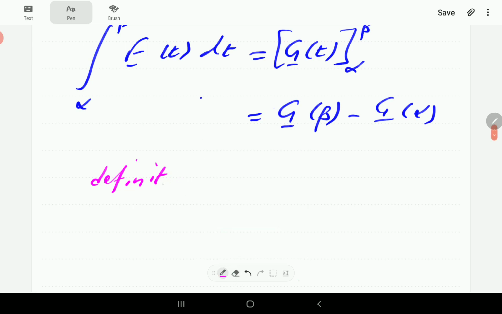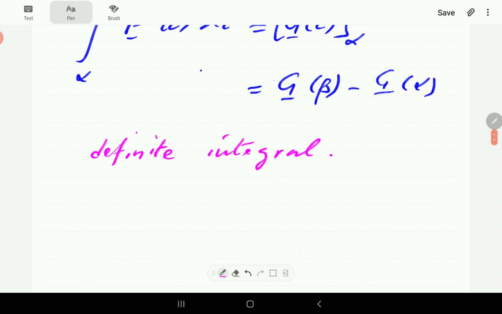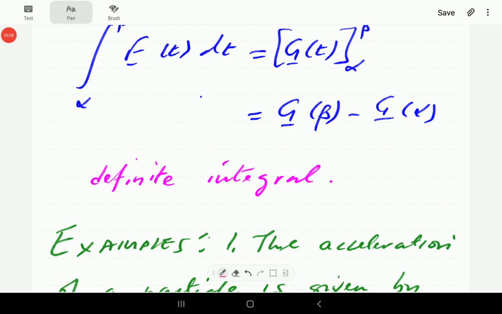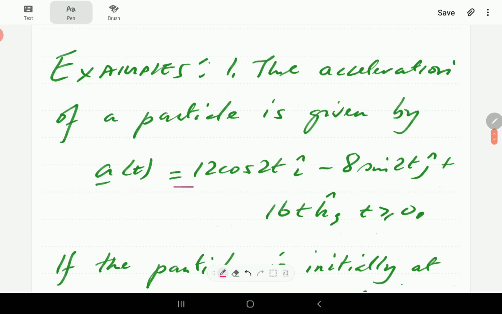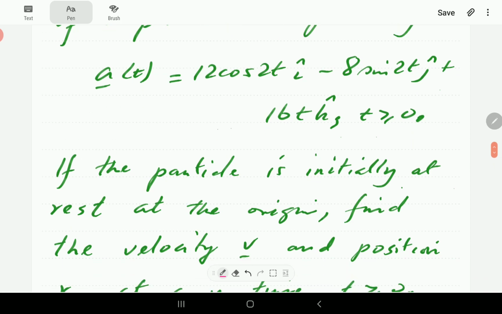Just going to look at an example or two to demonstrate what we are talking about here. All right, so in this example, we have a particle whose acceleration is given by this vector here, 12 cosine 2t i minus 8 sine 2t j plus 16t k, where t is greater or equal to 0.